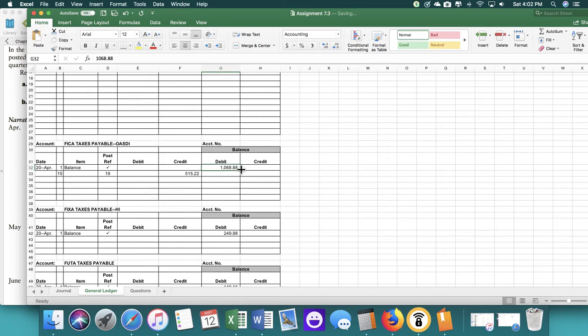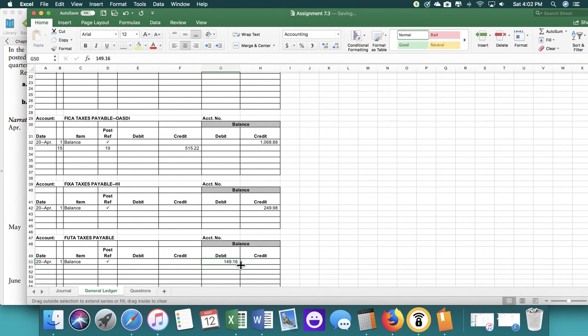and I just noticed there's a mistake. This debit should actually, since it's a payable, be listed as a credit. So I'm going to go ahead and fix these cells and then upload a new file if it has not already been updated.